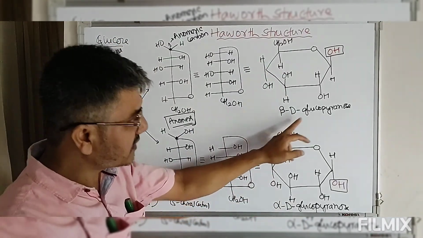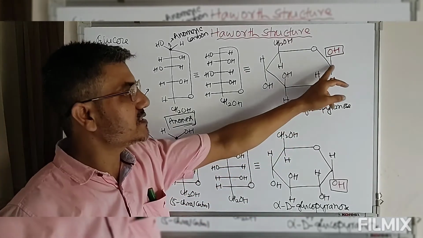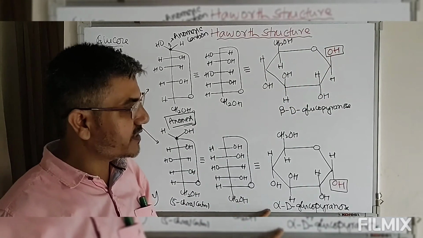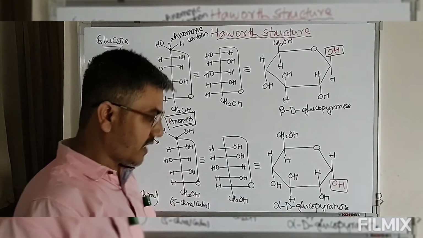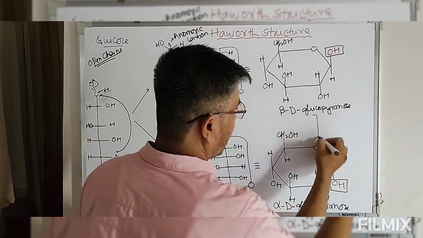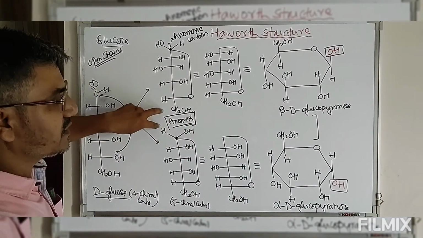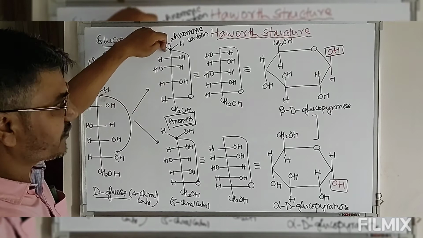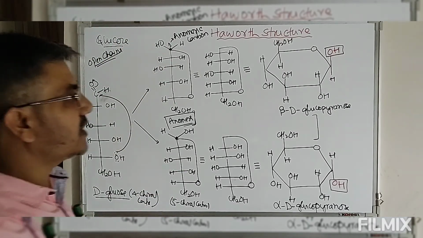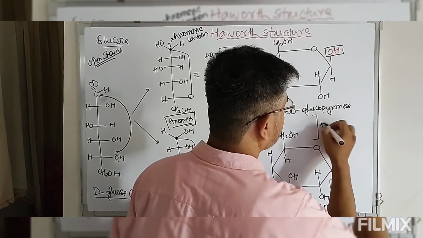One is known as beta-D-glucopyranose, the other one is known as alpha-D-glucopyranose. Beta is the one in which the OH is above the plane of the ring, alpha is the one in which the OH at the anomeric carbon is below the plane of the ring. So these two isomers, the alpha form and the beta form, are nothing but the anomers, because of the difference in the chiral center or configuration of the anomeric carbon. These two forms are nothing but the hemiacetal form.